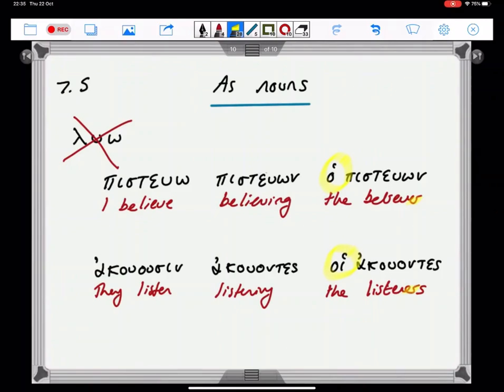You can say that in Greek by putting the article in front of any verb you want and making the person who does it. I've chosen examples here that work well with that. If you find examples that don't work so well, you may have to use a longer phrase, but it's a really useful thing that Greek does, and you'll get used to translating these again and again and again. It's something you see all the time.